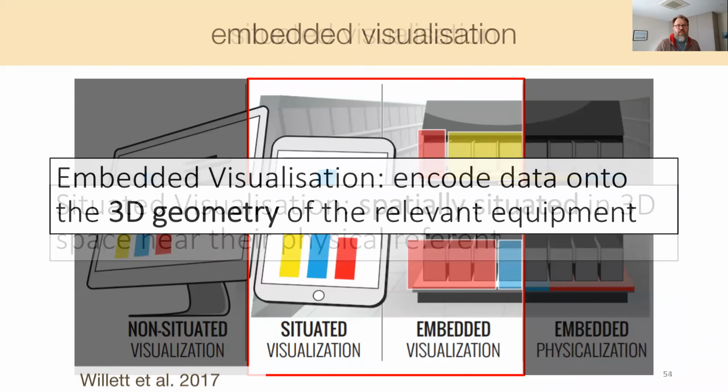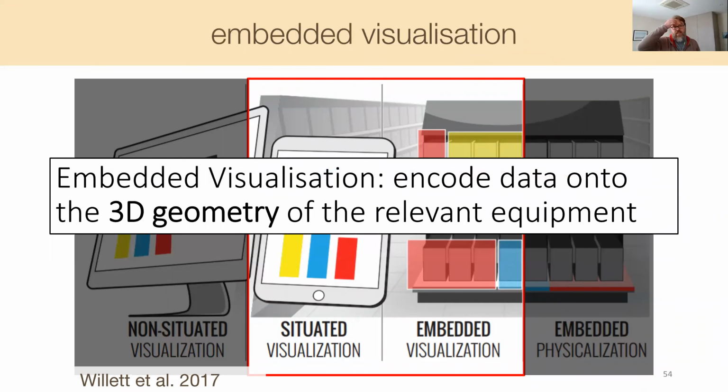And then embedded visualization, according to this taxonomy, takes that a step further. As in this picture, a kind of mock-up of a grocery store shelf, you have the data encoding actually physically embedded onto the objects in that environment. So you have this one-to-one relationship between the data encoding and the physical object that the data is related to.